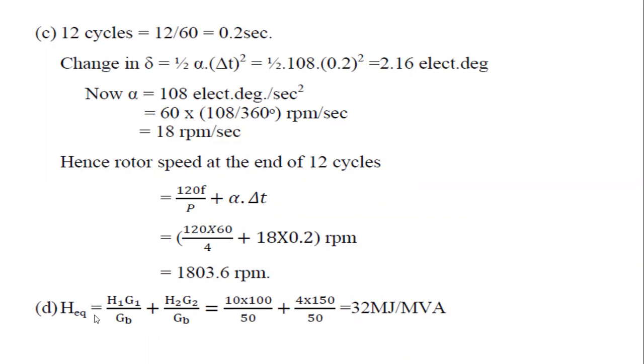Both will be connected in parallel, so we calculate H equivalent. H equivalent is equal to H1 G1 by GB plus H2 G2 by GB. GB is the base value given in the question in the fourth bit, that is 50.